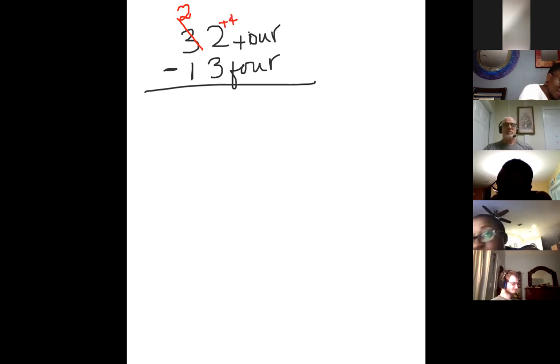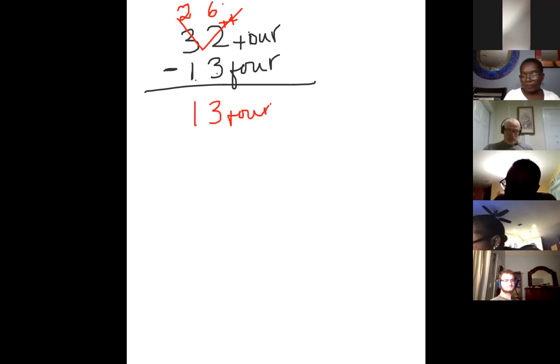So this will become 6. So now we can subtract. So 6 take away 3 leaves you with 3. 2 take away 1 leaves you with 1. And there you are. Same answer. I know. I don't know why I keep doing that tonight.